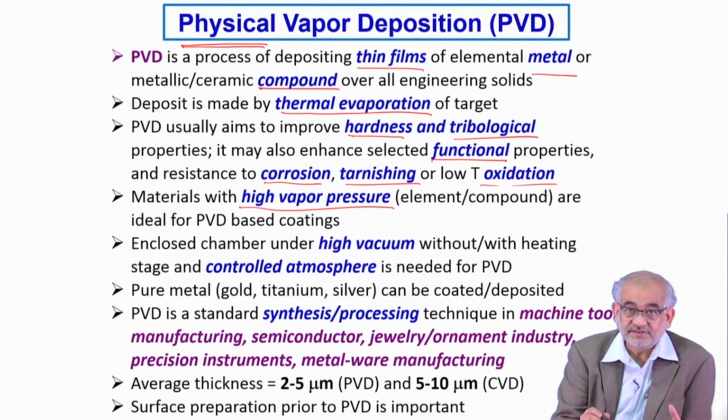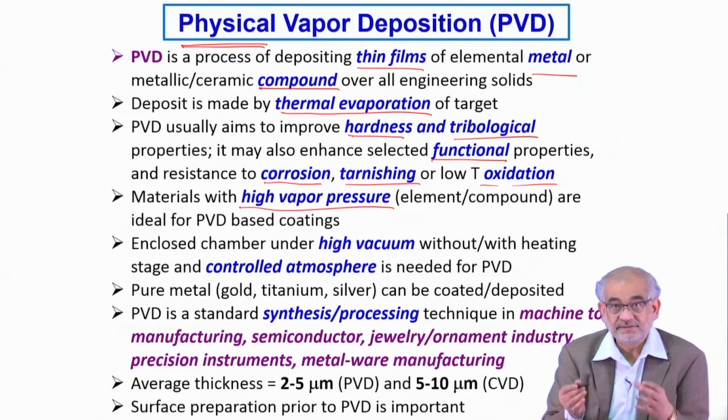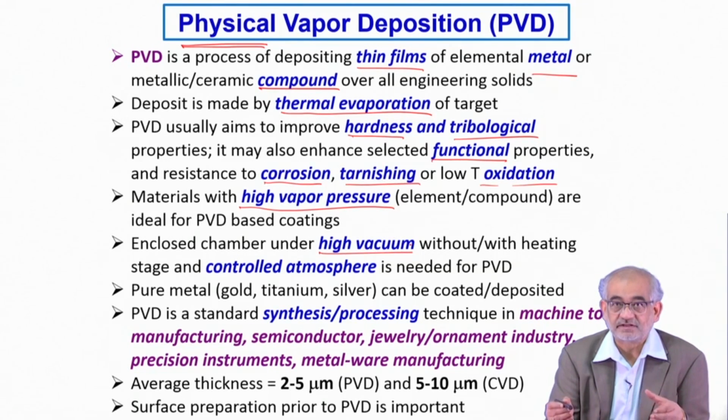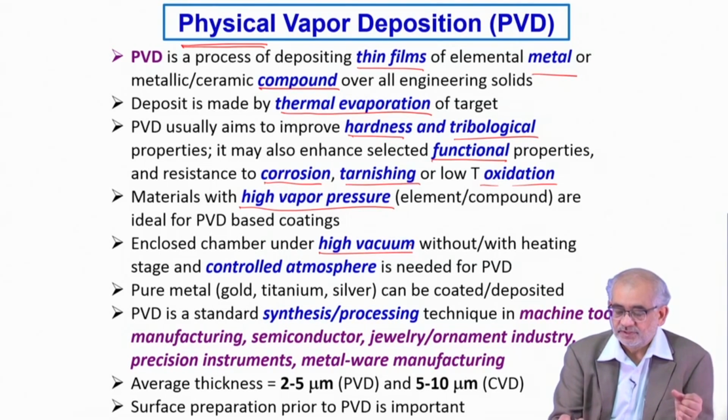So first we take the material that we want to coat and the component that we want to coat both inside an enclosed chamber, and then evacuate and create fairly high vacuum, over 10 raised to minus 5 millibar or even higher vacuum.